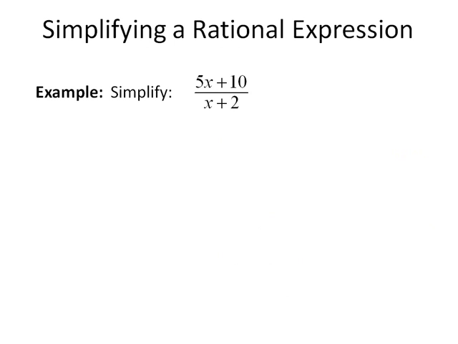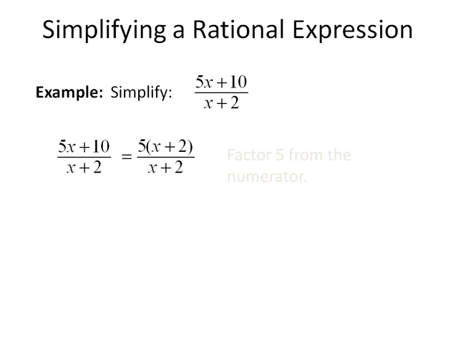How do you simplify this? Can I divide 10 by 2? I cannot just divide that. I have to factor. So let me factor the numerator. What can you factor out of the numerator? 5.